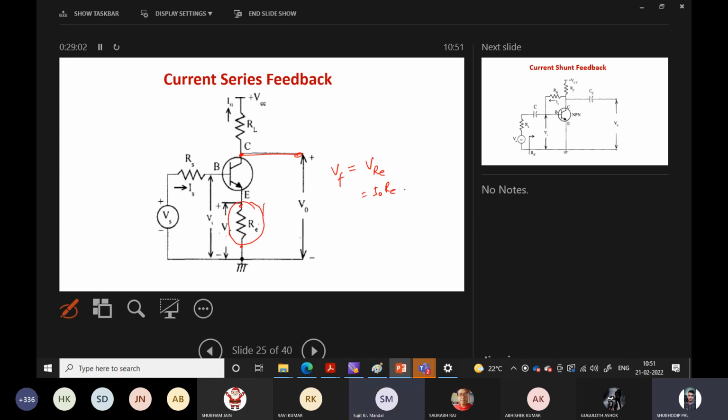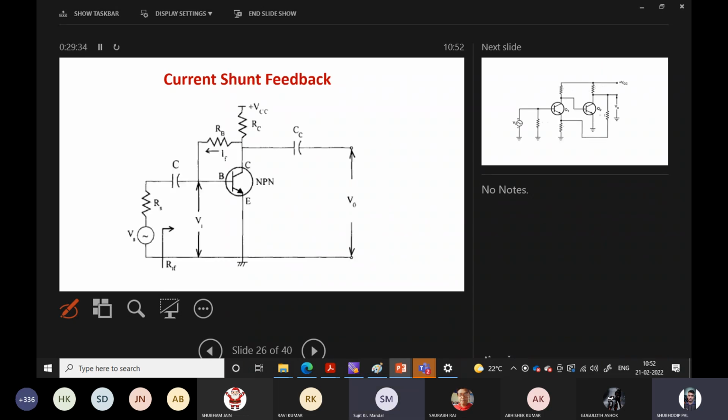It is the current flowing through here, because IC is almost equal to IE. IE is equal to IC plus IB, and IB is small, so this can be considered as IC. So the feedback voltage is proportional to the output current. That's why here it is the current series feedback type.